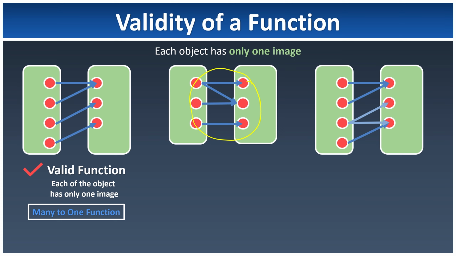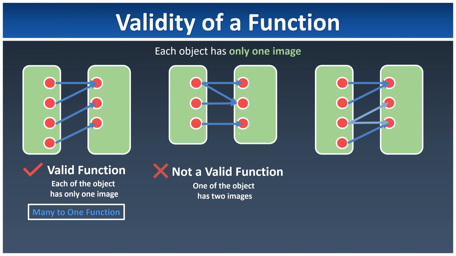For this one, we check again from the number 1, but this is not good. Why? You see, one object has 2 images. It has number 1 and number 2. So with 2 images, it is not a valid function because one of the objects has 2 images. So this is eventually a one-to-many relation.